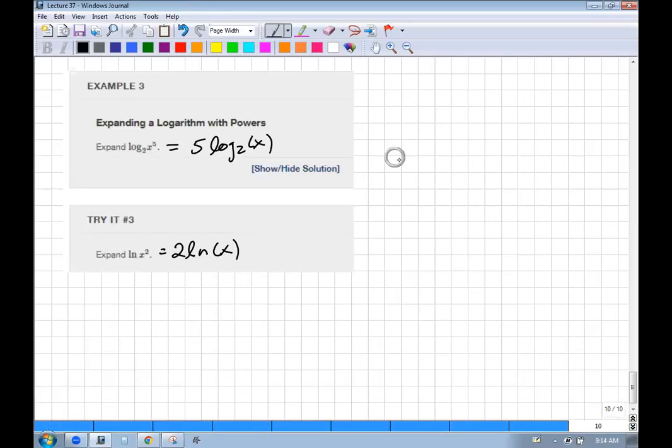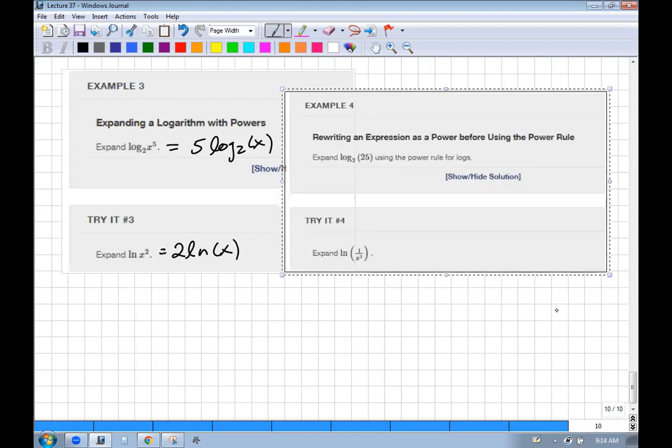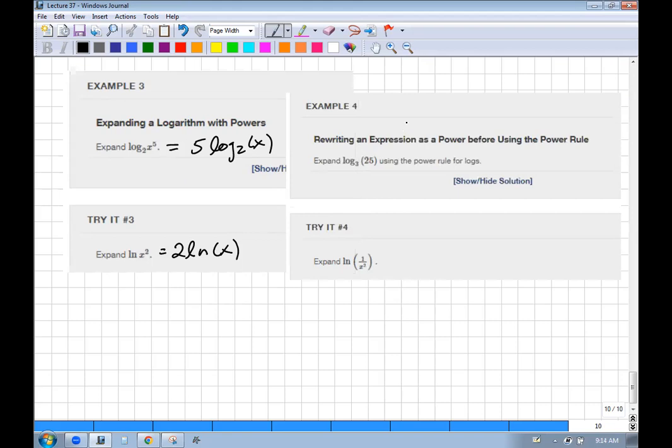There's a couple more. So 25 is 5 squared, so I could bring the 2 out front. This is x to the minus 2. That means I can pull that minus 2 out front.